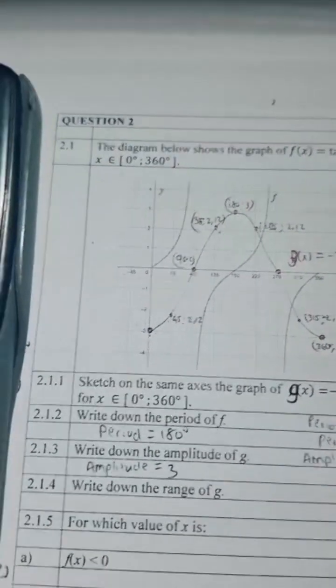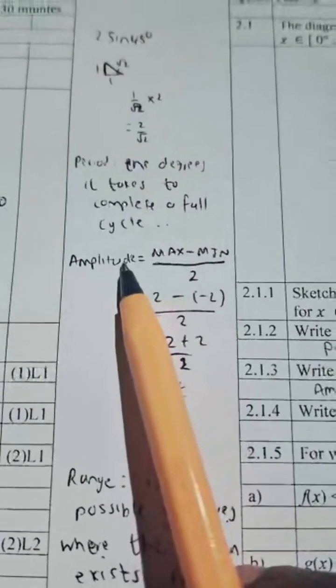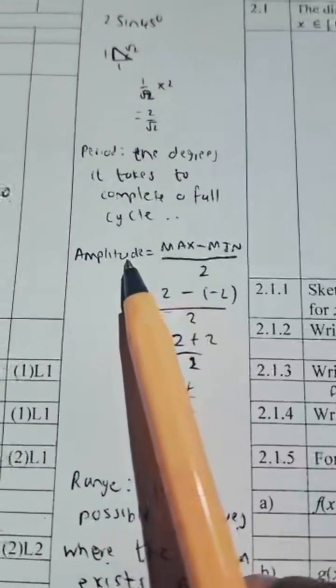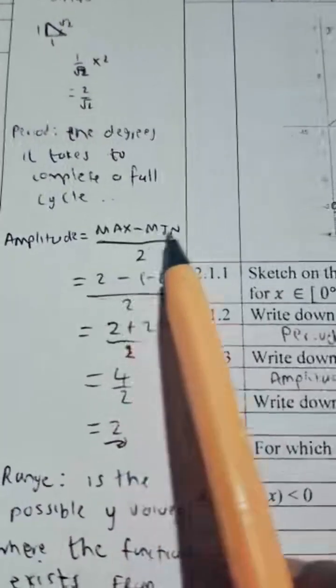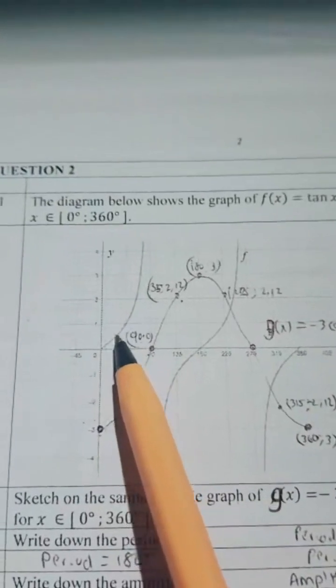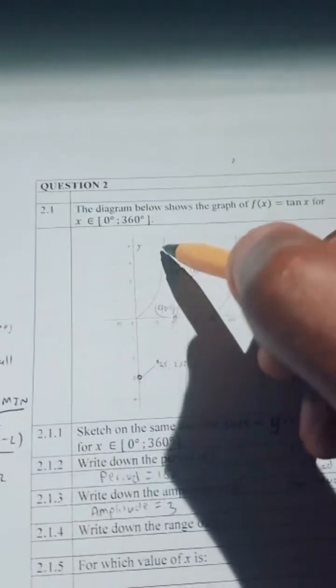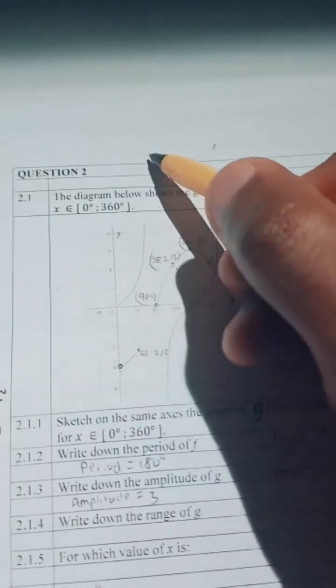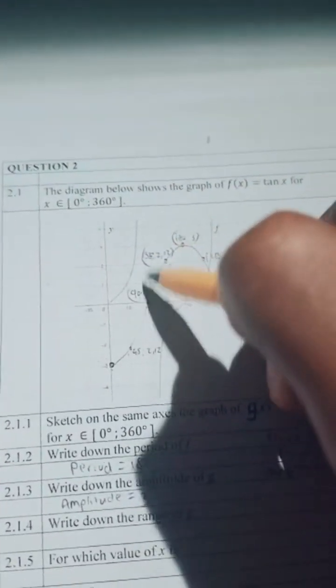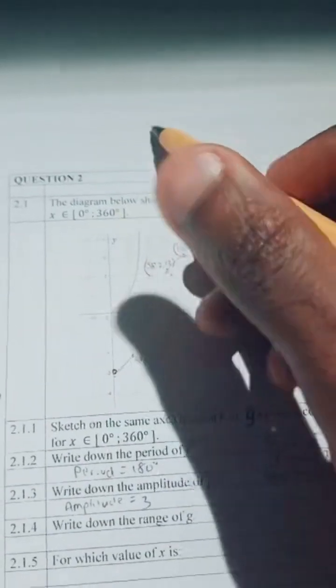You will remember very well that when we spoke about amplitude and the formula that we use to calculate it, we said we take the maximum, subtract the minimum and divide by 2. My question then is, what is the maximum value of this tan graph? Remember that the tan graph goes on infinitely, never stops, does not touch the vertical asymptote, but goes infinitely in that direction.